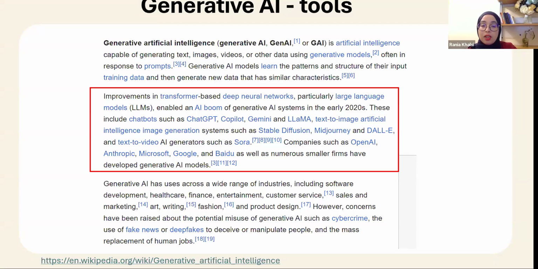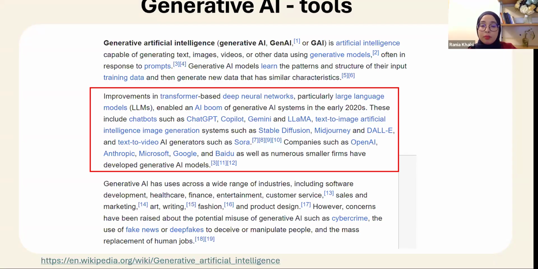This introduces many examples that we can study, for example chatbots. In chatbots, we have ChatGPT, Gemini, Claude, and so on. Also DeepSeek. We also have text to image, with models like Stable Diffusion, Midjourney, DALL-E, and more. Text to video systems also, we have Sora, for example, or Veo.